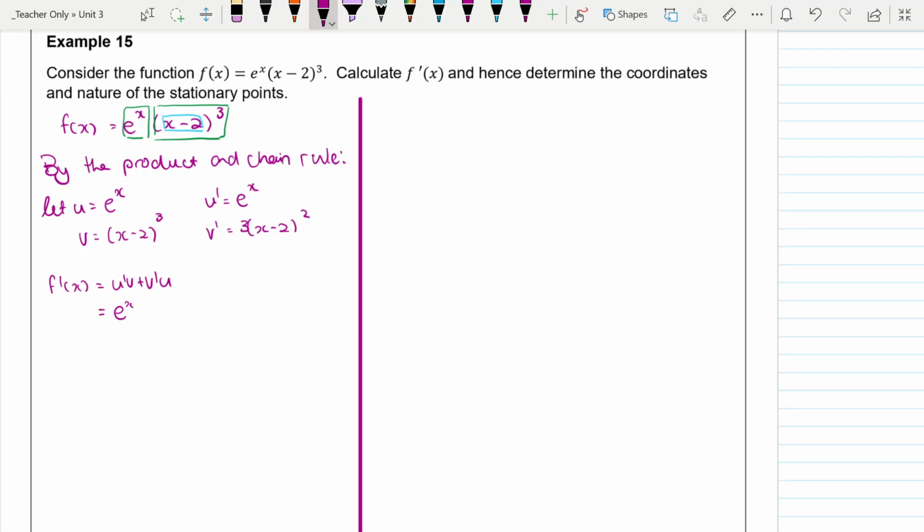That means I have e to the x, (x take 2) cubed, plus 3e to the x, (x take 2) squared. Okay, now because I'm wanting to find the coordinates and the nature of the stationary points, remember stationary points occur when f dashed of x equals 0.